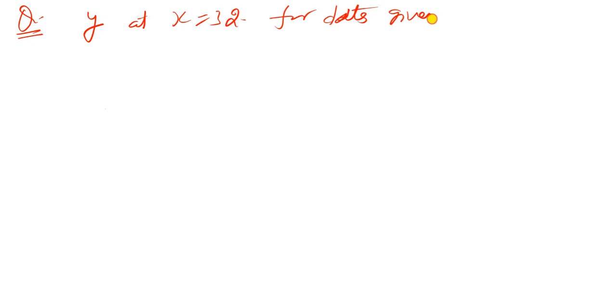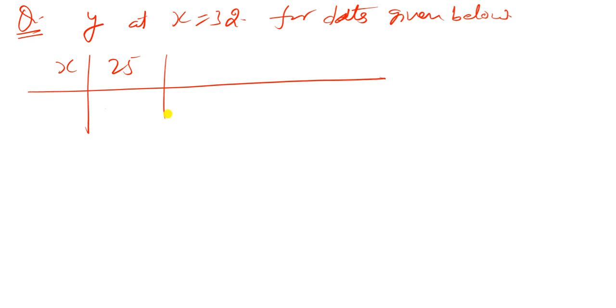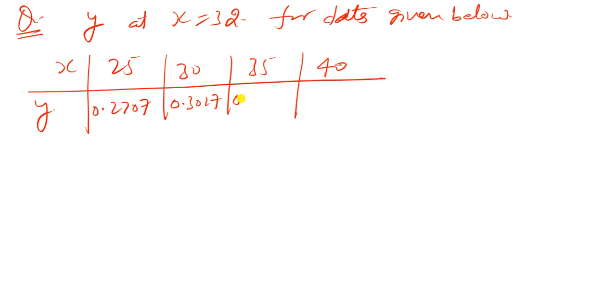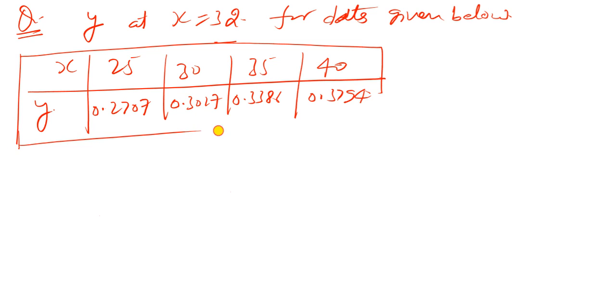The x arguments are 25, 30, 35, 40, and the y values are 0.2707, 0.3027, 0.3386, 0.3794. Using this data, compute the value of y at x is equal to 32 with the help of the Gauss forward interpolation formula.